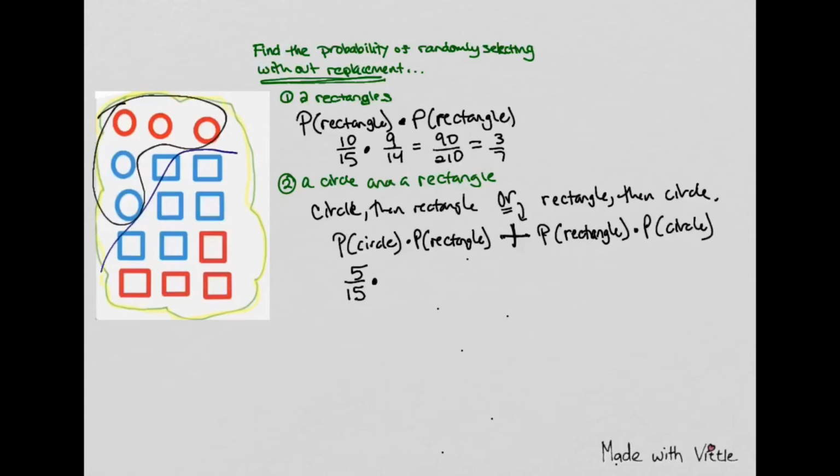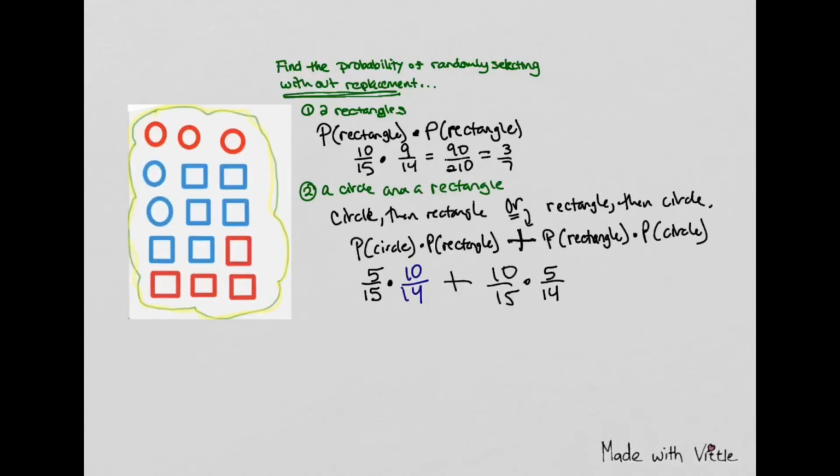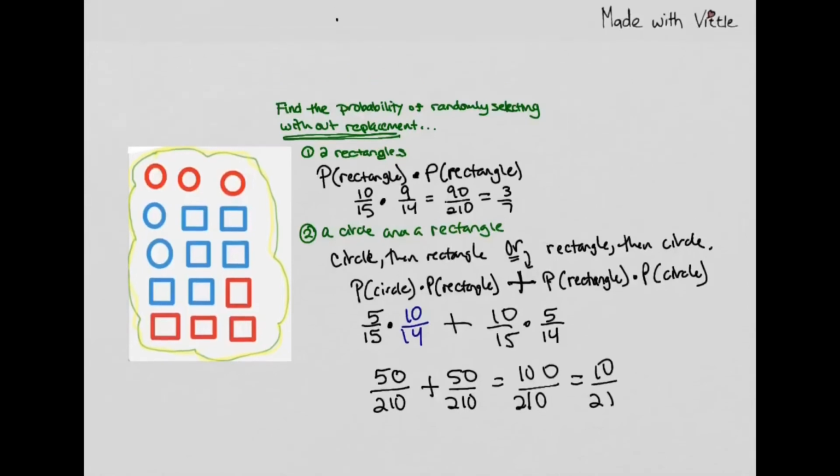Now those fractions are 5/15 times 10 out of 14, because there's one less considering without replacement, or 10 out of 15 times 5 out of 14. Simplify each fraction by multiplying numerators and denominators, and you end up with 100 over 210, which can be reduced to 10 out of 21.